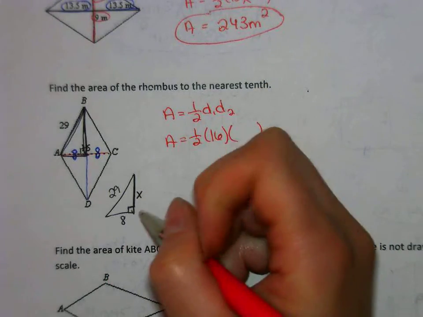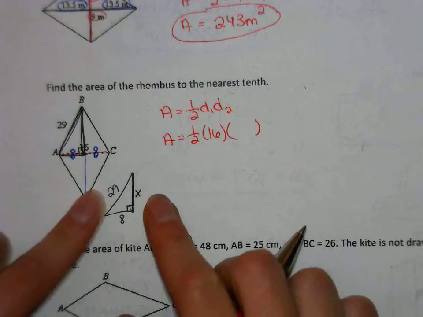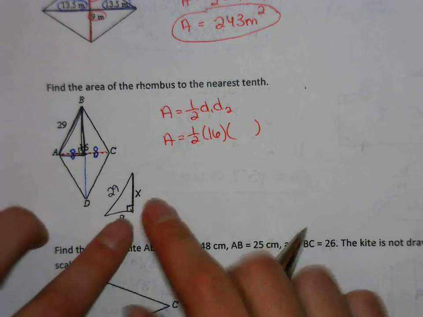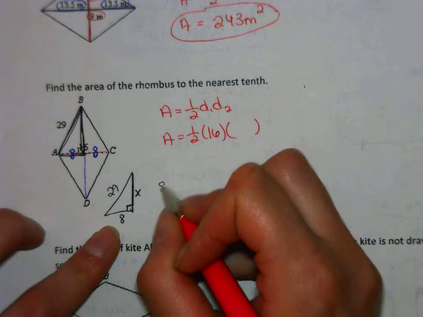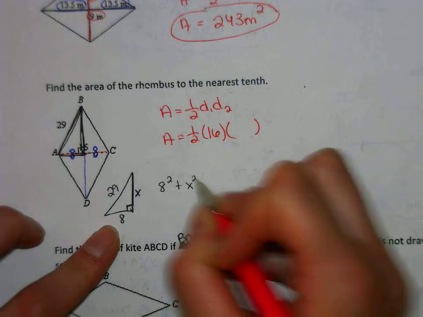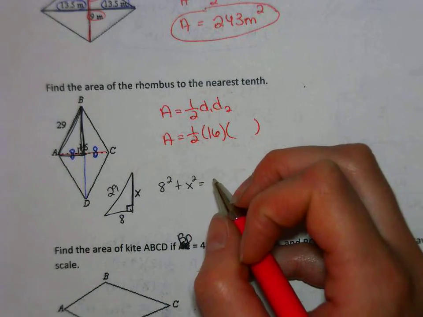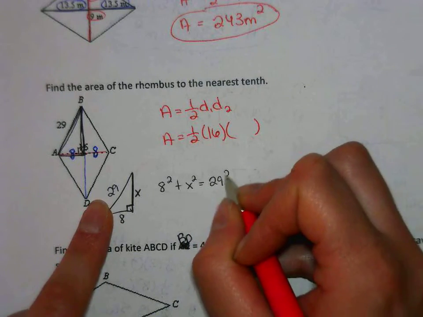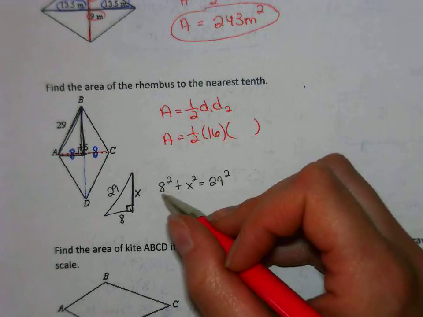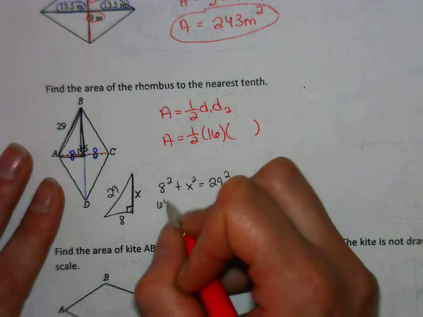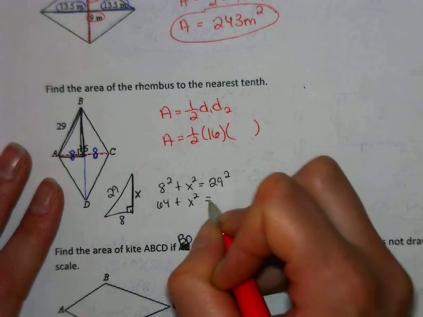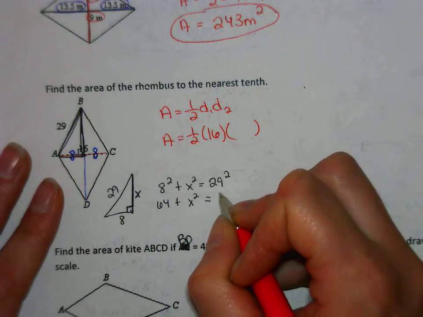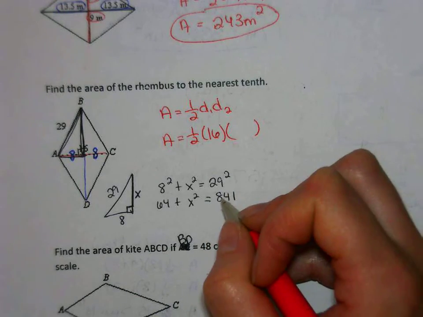If we have two side lengths of a right triangle, but we're missing the third, that's where we can use our Pythagorean theorem. The Pythagorean theorem says if we square the two legs and add them together, they're going to equal the hypotenuse squared. So we have 8 squared, which is 64. 29 squared is 841.